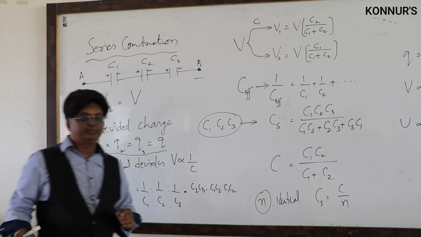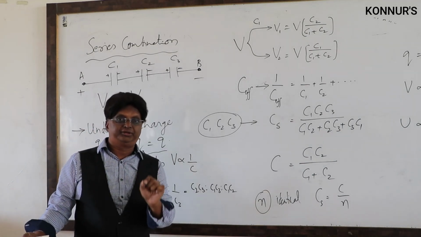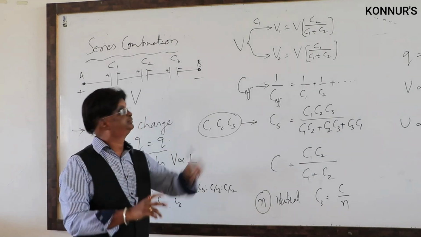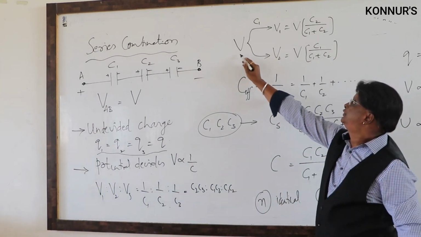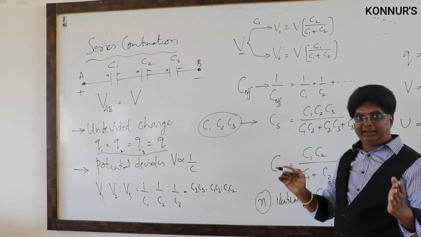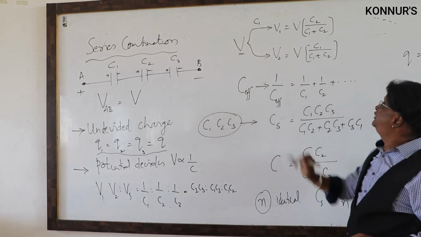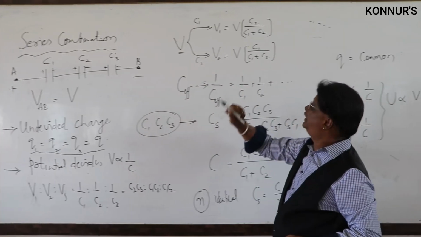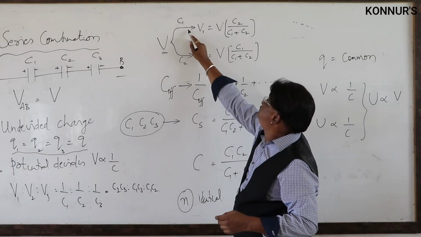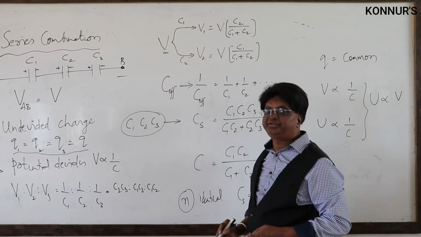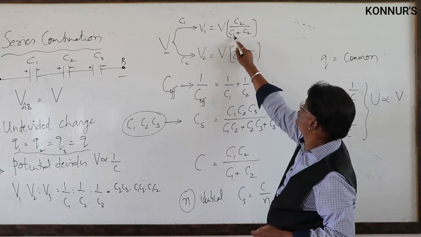Now, in most of the examples we come across, potential is divided between 2 capacitors. Please see here, this is total volts V divided between C1 and C2. Right? Capacitors C1 and C2, only 2 capacitors. Then C1, how many parts will it get? C2 parts out of total C1 plus C2.